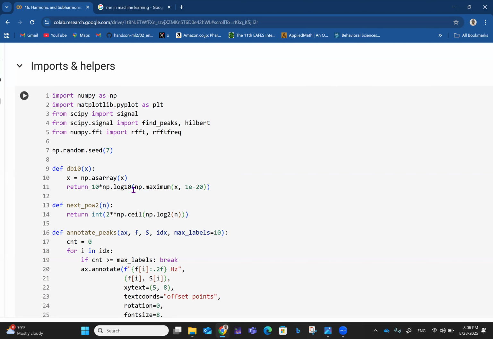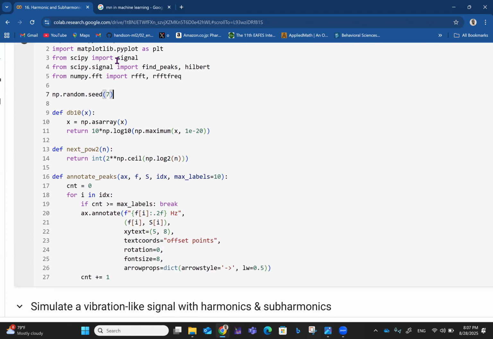For the helpers, we set np.random.seed(67), to ensure that each time we run the code, we always get the same random values. Subsequently, you define a set of functions that do some jobs for you.